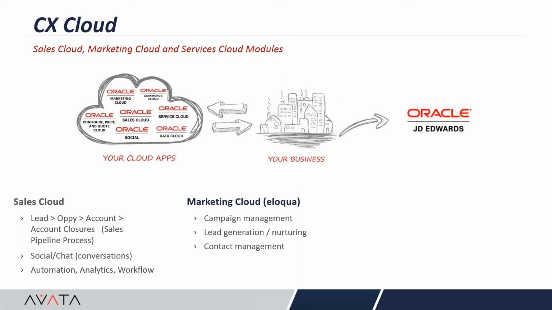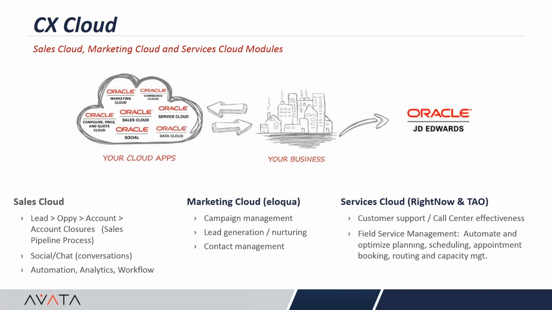When we start talking about campaign management for marketing, or providing customer support and call center services and field service management to your JD Edwards solution, these are all much shorter timelines for implementation than an on-prem model typically brings to bear. For example, in Sales Cloud, we were generally looking at a 2 to 3 month implementation, whereas marketing could be as little as 1 to 3 months to get those systems up on their feet and integrated with your JD Edwards solution.